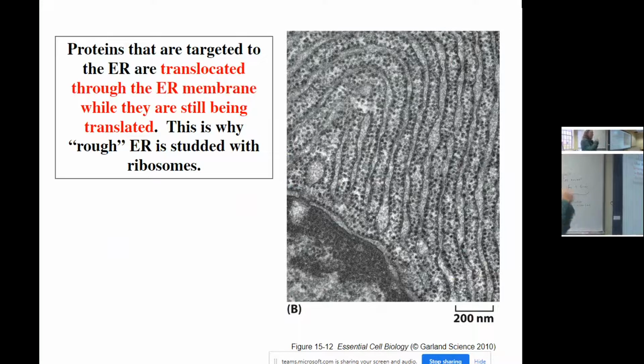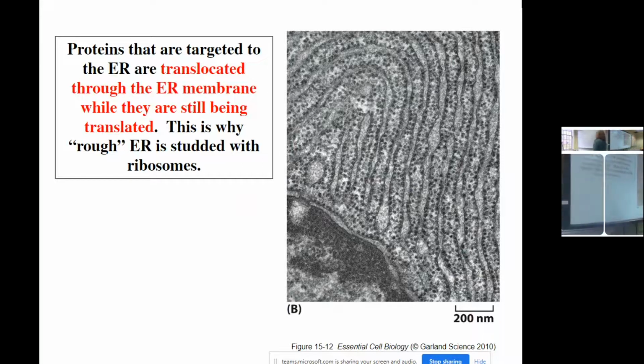And the second system that we're going to look at of protein targeting is getting proteins into the endoplasmic reticulum. How do proteins get into endoplasmic reticulum?